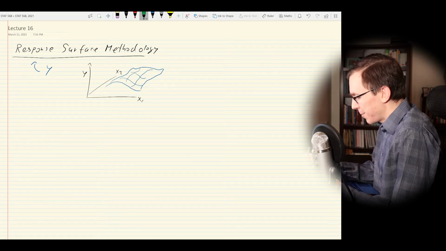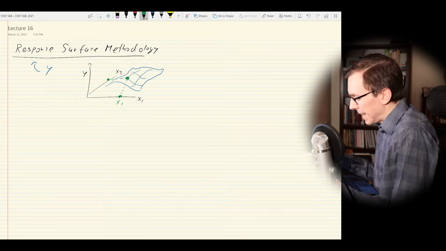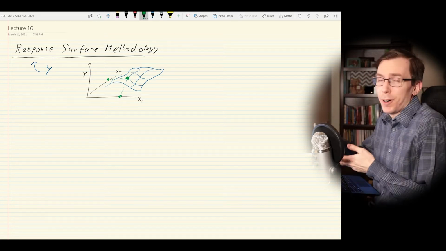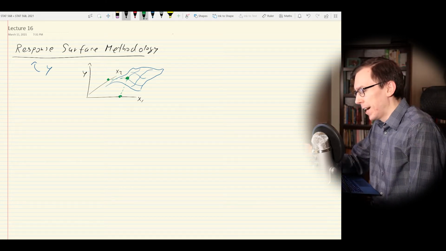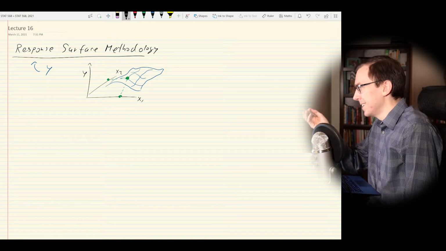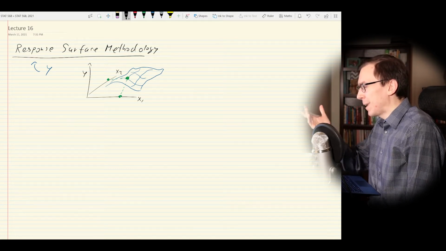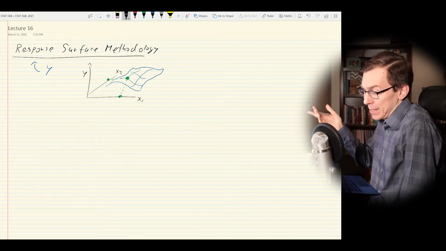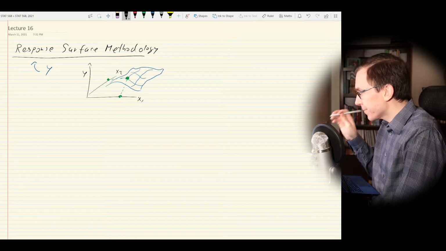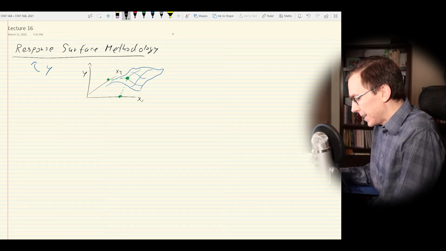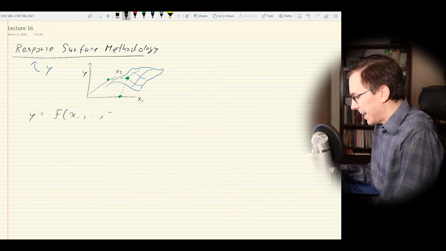And we're doing that so that we can find a specific point, a setting of x1 and x2 that will give us our biggest output for y, or our smallest, or whatever we're trying to do. The usual way you would phrase this is trying to maximize the output, but equivalently you could try to minimize an output if you really wanted to. So mathematically, the idea is that y is going to be some function of its input variables. In this case, we're going to have k of them.